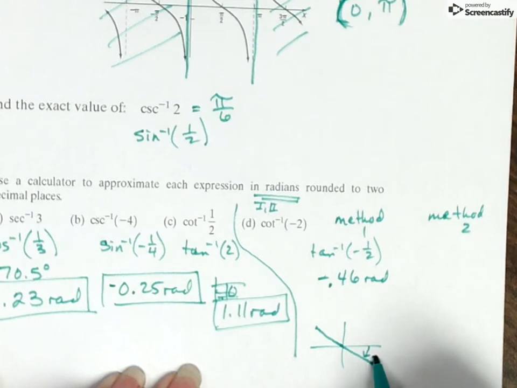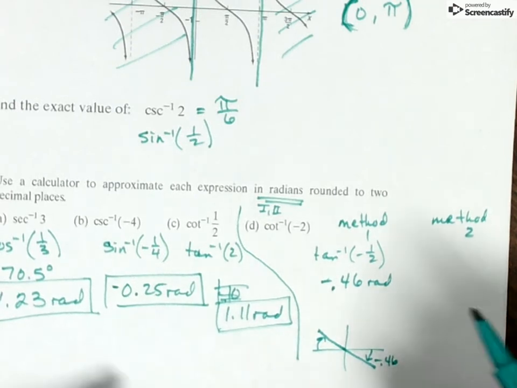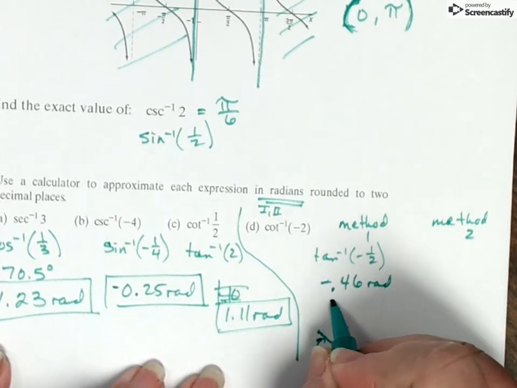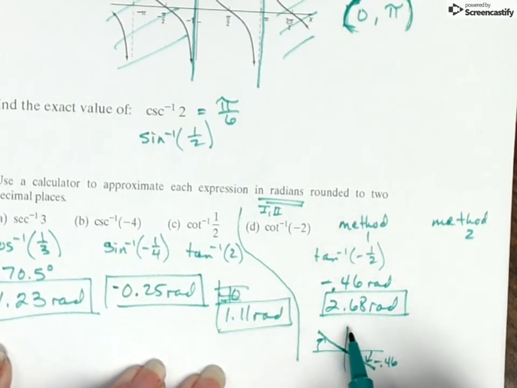If this is negative 0.46, then subtract 0.46 from pi. Pi minus 0.46 is 2.68 radians. And 2.68 radians is more than 1.57 radians, but less than 3.14 radians, so that's in quadrant 2. It was in the wrong quadrant, so we used reference angles to find our missing angle.